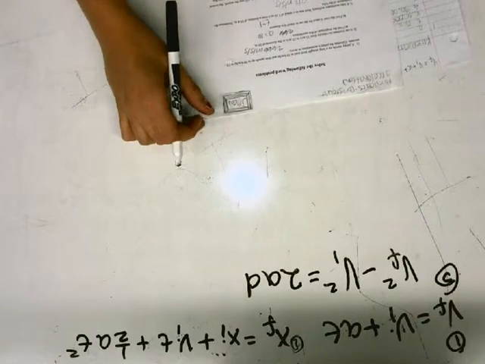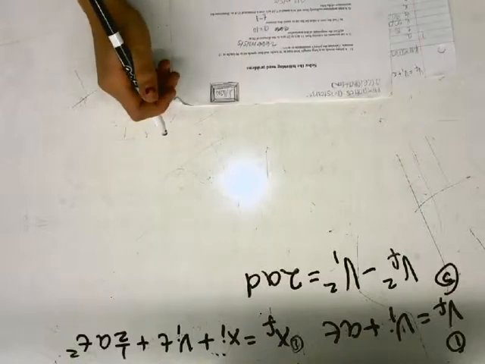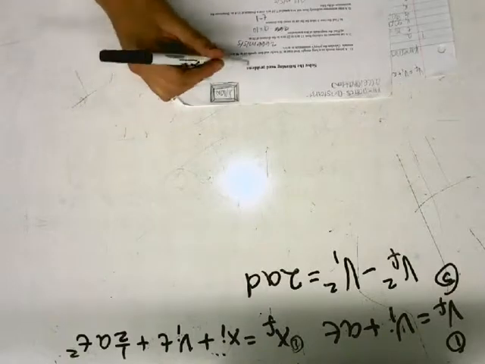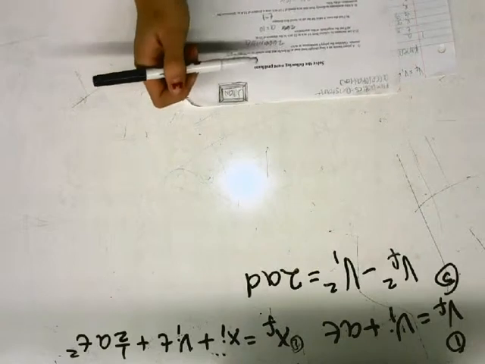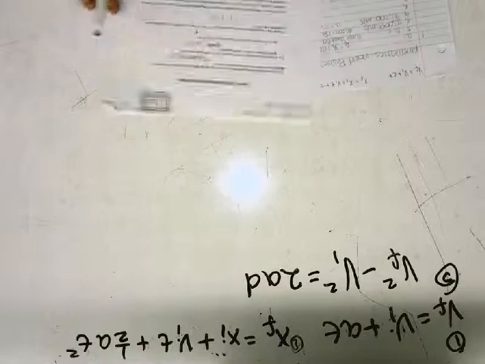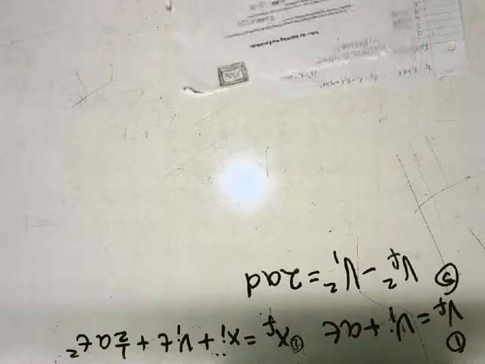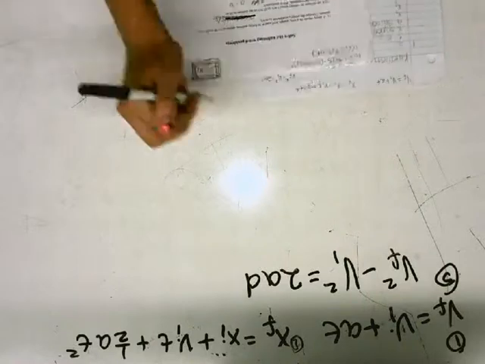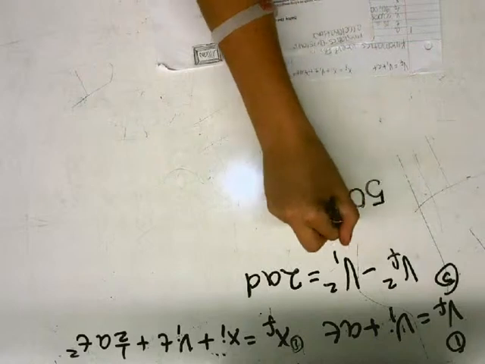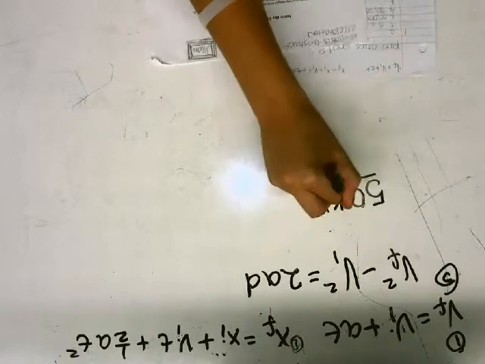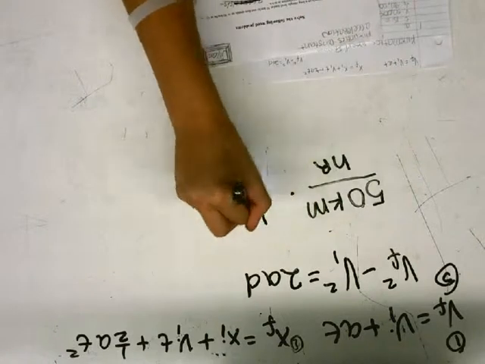Okay, so we know that we need to find the velocities in meters per second, and as of right now, they are in kilometers per hour. So we need to fix that. If it's 50 kilometers per hour, we need 1 hour over 3,600 seconds, and that'll give us kilometers per second.